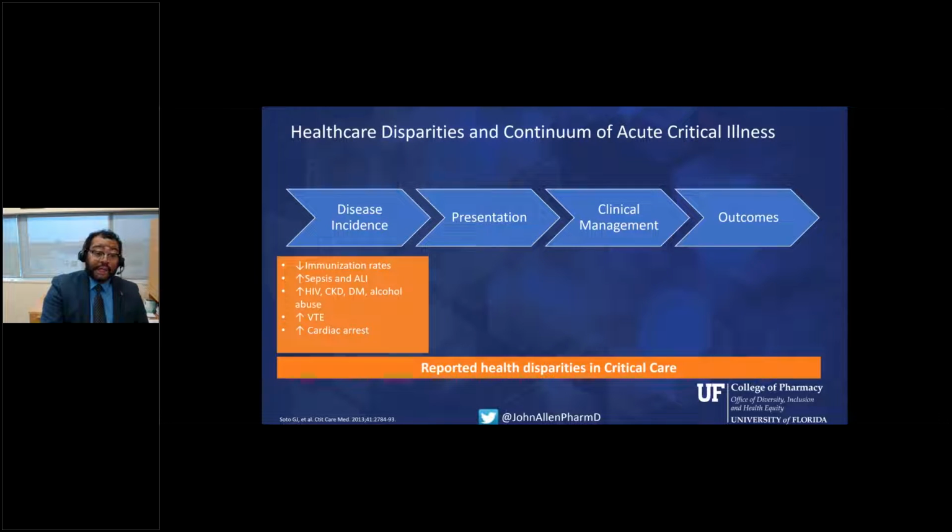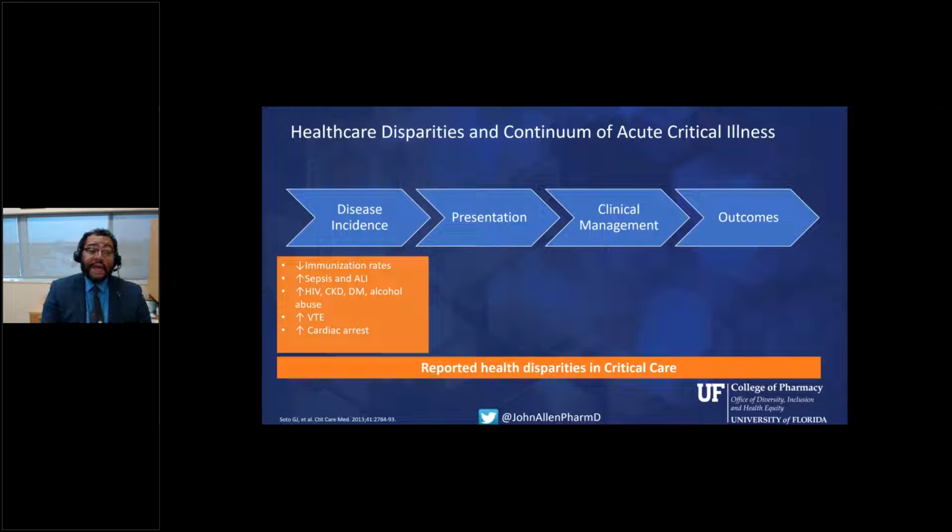And so with respect to reported health disparities in critical care, when we talk about disease incidence, we know that these things can lead to differences in presentation and management, but there has been well-described literature that shows decreased immunization rates among historically minoritized groups as compared to non-Hispanic white patients. We've seen increased rates of sepsis and acute lung injury.